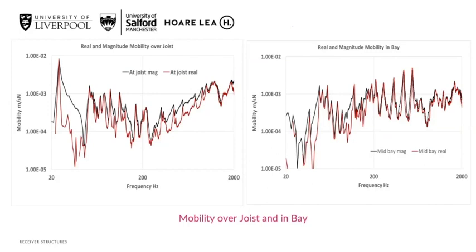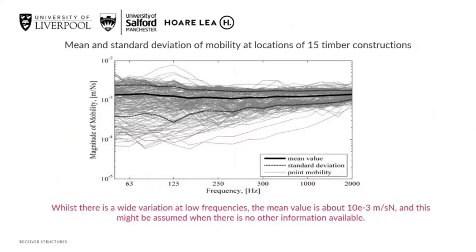But if you see, at least in the bay area, which is the right-hand side plot, if you have some sort of average behavior, you can have a straight line at about 1 × 10⁻³ meter per second Newton. And on the left-hand side, over the joist, that's a bit messy, but it lies generally between 1 × 10⁻³ and 1 × 10⁻⁴. And we'll talk about this a bit more in detail. So if you go to the next slide.